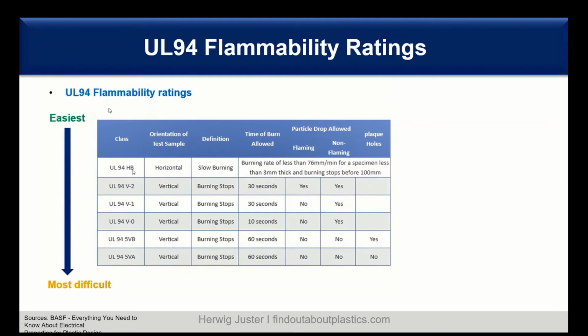We start with HB, which is horizontal burning, and continue then with vertical: HB, V2, V1, V0, and then we have 5VB and 5VA. And here you see the different definitions and what is happening, and based on how the sample is burning, you can rate them.